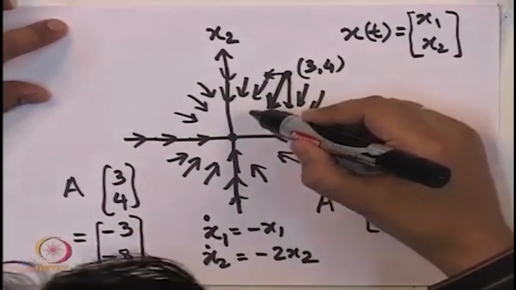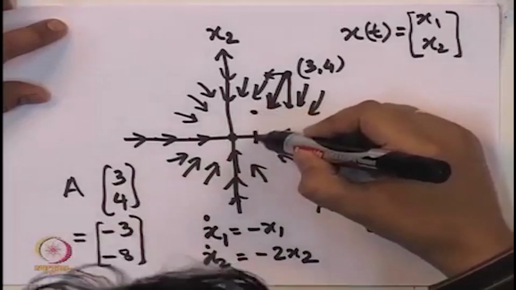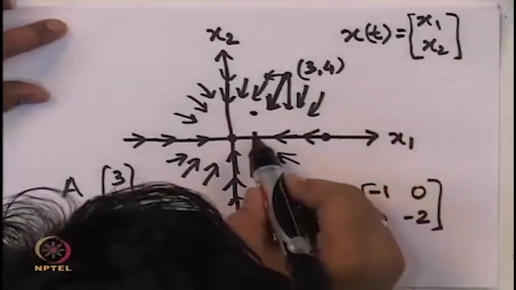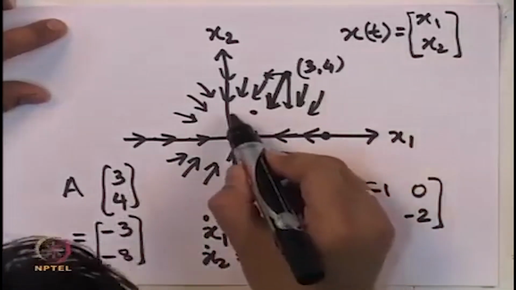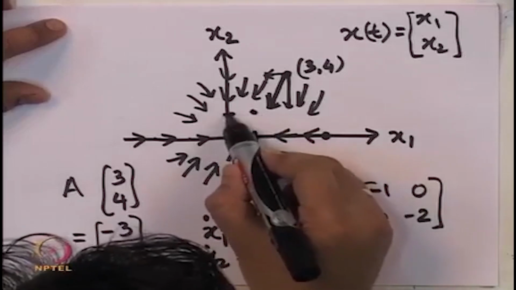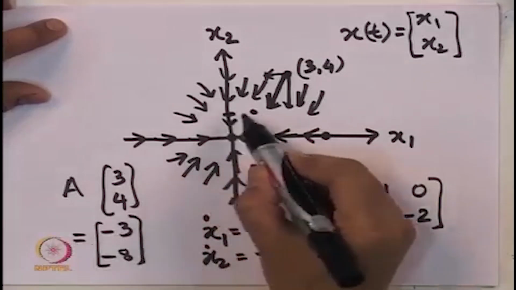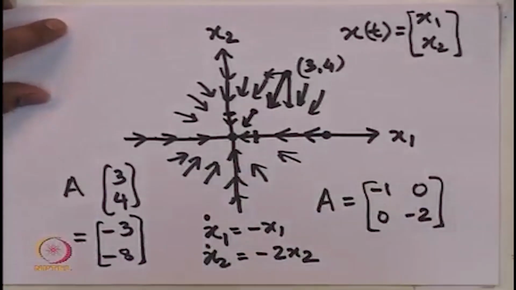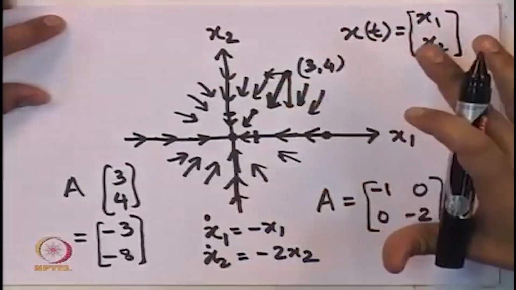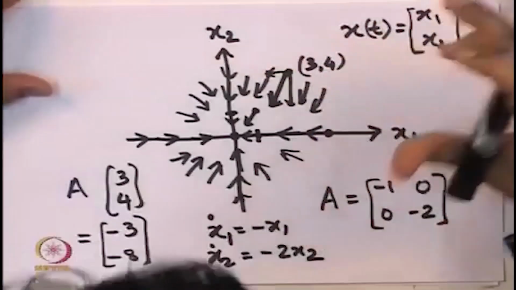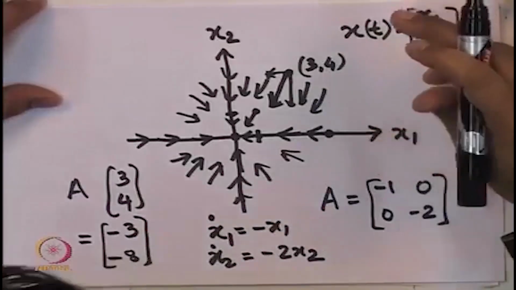The x1 component of the arrow can be determined by just looking at this arrow here. Similarly, the x2 component of the arrow starting from this point can be determined by the arrow starting at this point, and the net is just the sum of these both. This is how the arrows are drawn on the x1 x2 plane. So, we see that all trajectories are directed towards the origin.